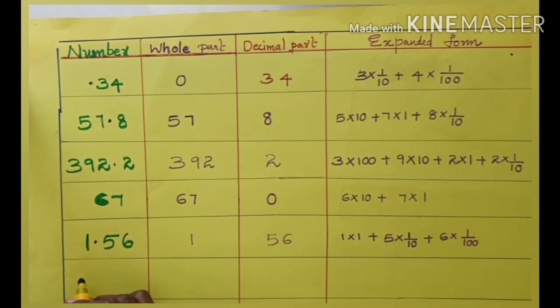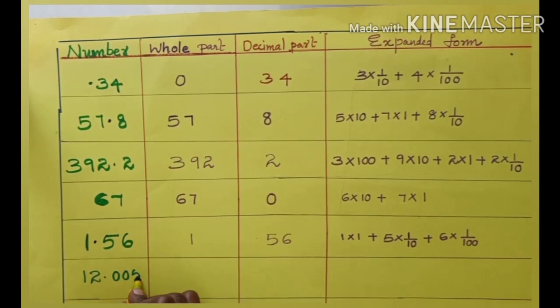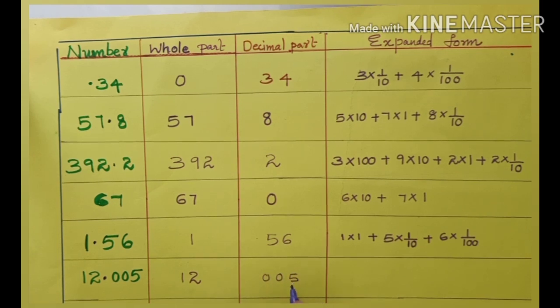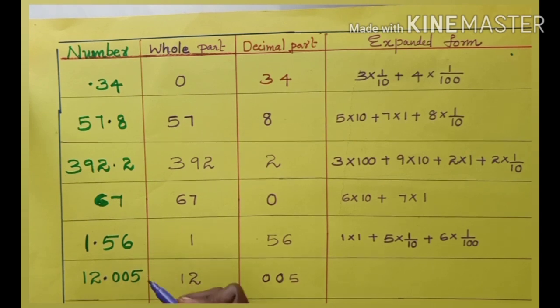Then one more example, 12.005. See, before the decimal point 12 is the whole number part, the decimal part is 005. The decimal part is 005 because the first 0 is in tenth place, then the second 0 is in hundredth place, and 5 is in thousandth place.